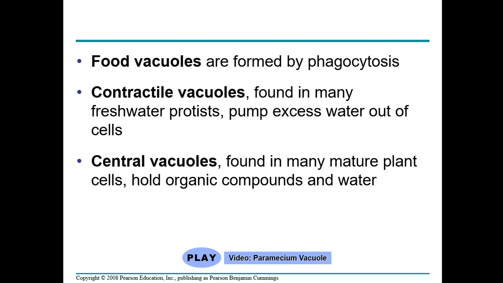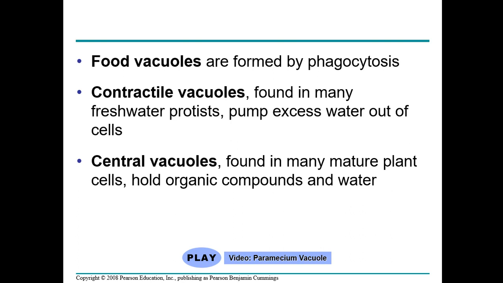Food vacuoles are formed by phagocytosis. So, we have this term as contractile vacuoles. Contractile vacuoles, from the word itself, it contracts. This can be found among protists. They pump excess water out of cells. So, kaya nga, contractile vacuoles.